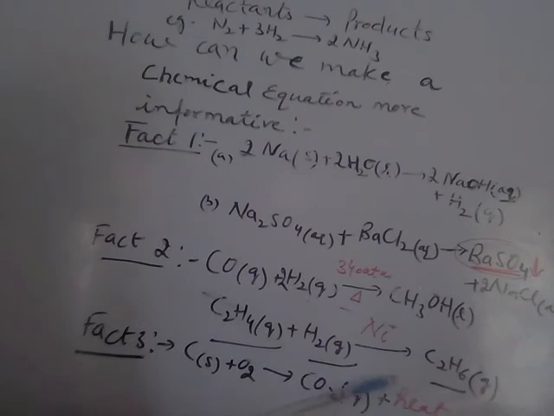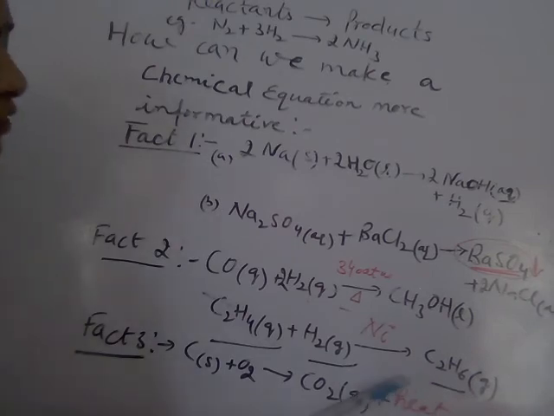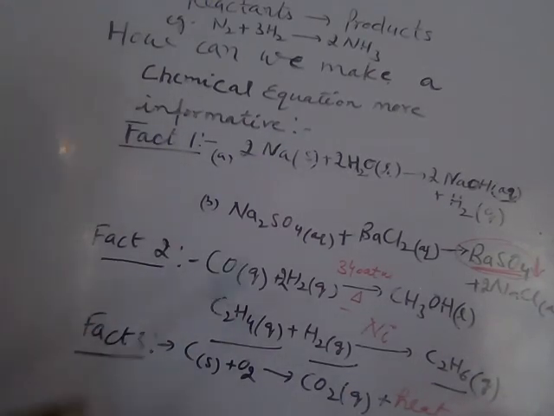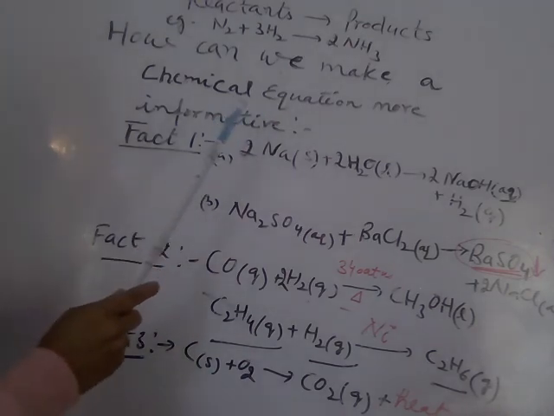So we have mentioned heat along with the products. We can also mention heat along with the reactants by a negative sign towards the left hand side, or with a plus sign towards the product side if heat is evolved. So these are the three facts which make the equation more informative.